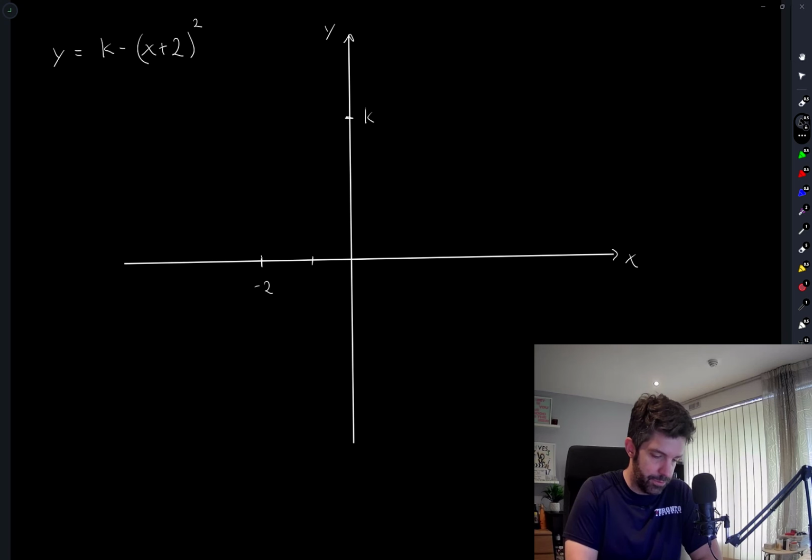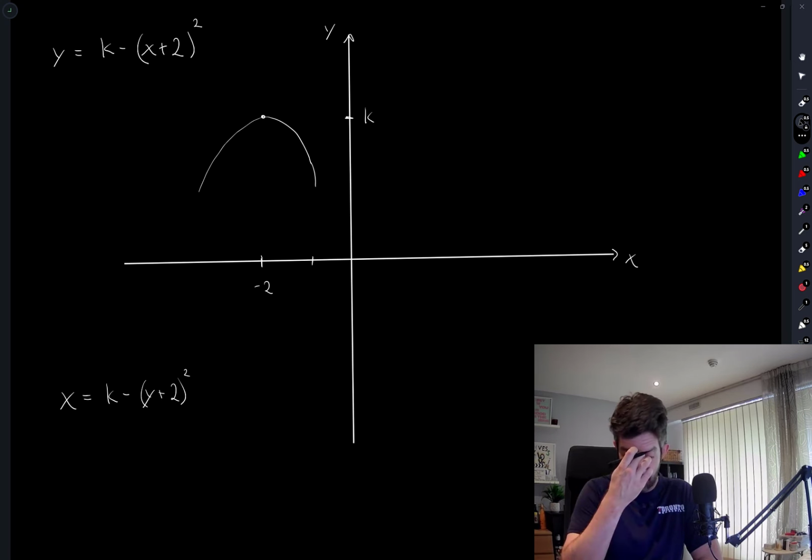When x is equal to negative 2, we're here, and then it's a parabola opening downward, like that. And the other parabola should just be reflected in the plane like this.